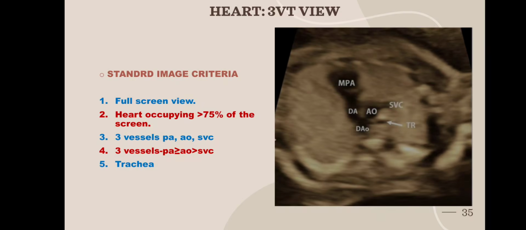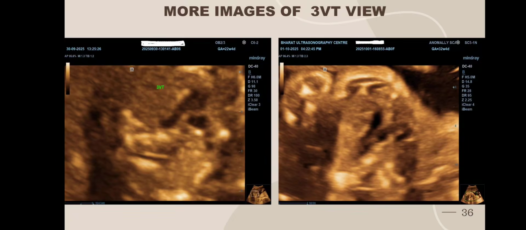Their relative sizes should follow the pattern: pulmonary artery greater than or equal to aorta, which is greater than superior vena cava. The relationship with the trachea must also be assessed carefully. More images of 3VT view.